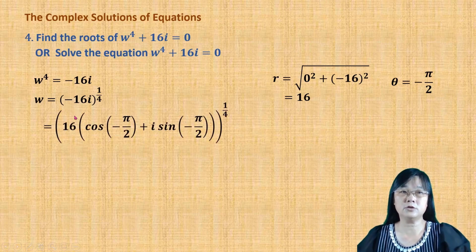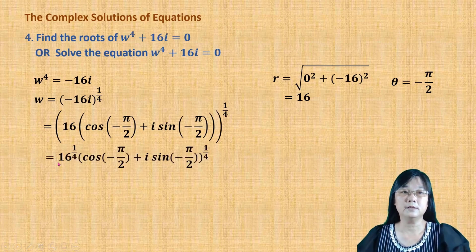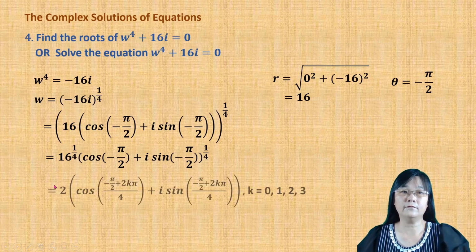Now I change the complex number into polar form. Then I separate the power. The modulus 16 power 1 over 4 is equal to 2.